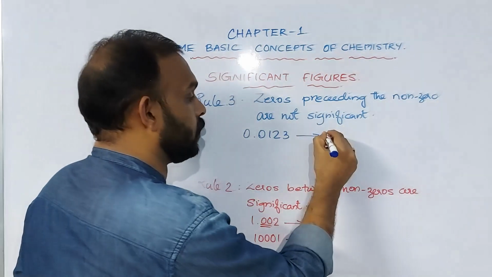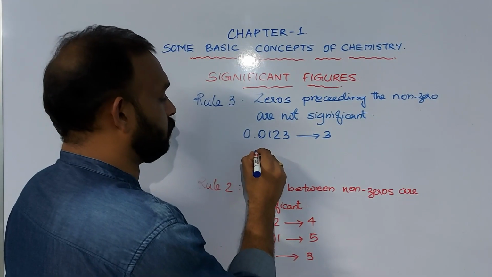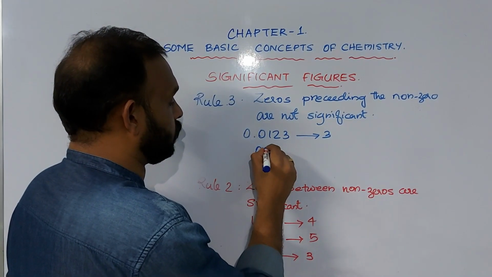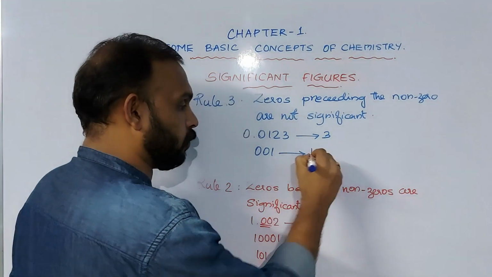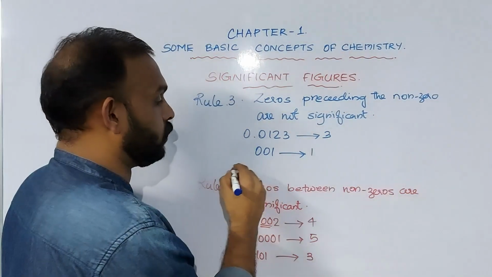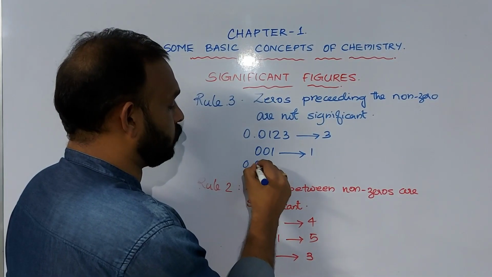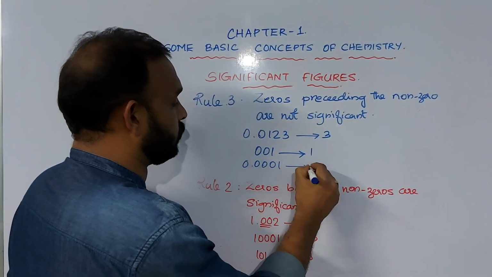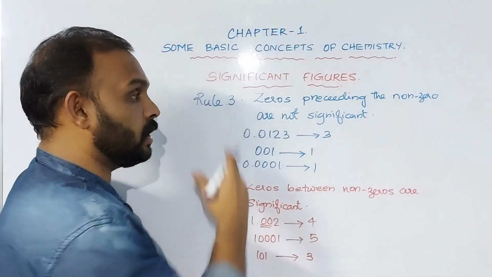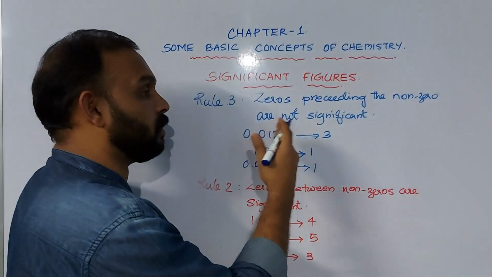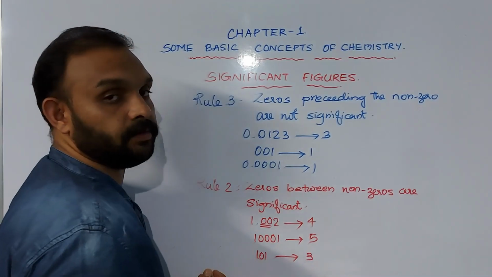Not 4, it is only 3. If you have a number 0.001, how many significant figures are there? We have only 1 significant figure. If you have a number 0.0001, how many significant figures? We have only 1 significant figure. That means zeros preceding the non-zero are not significant.